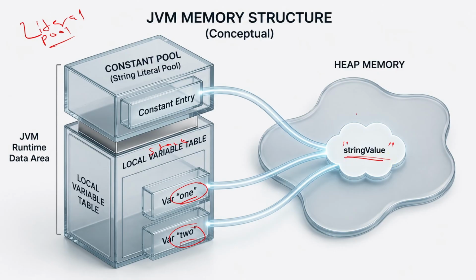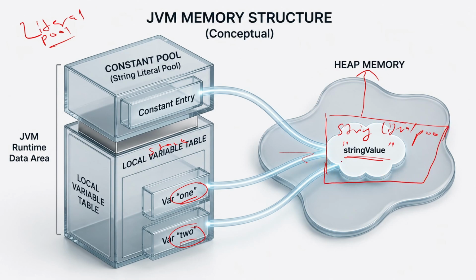And this is string literal pool. Okay, see, string literal pool. And where is it? It is present in the heap memory. In the string literal pool, we will also be having a list of values, right?